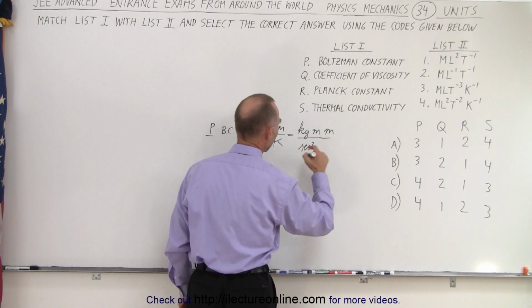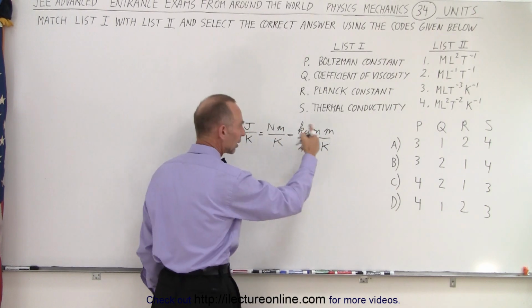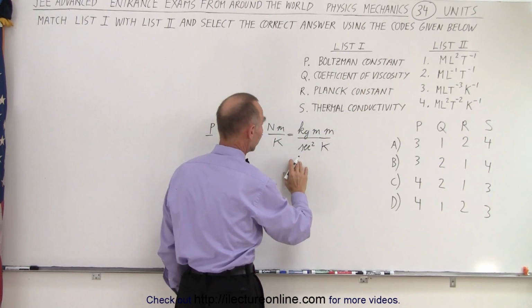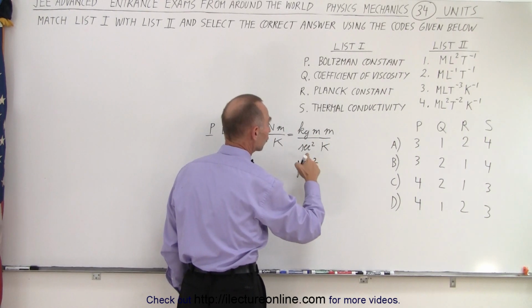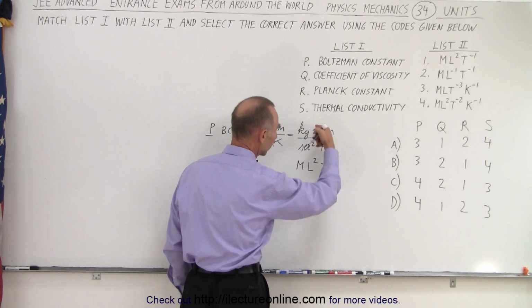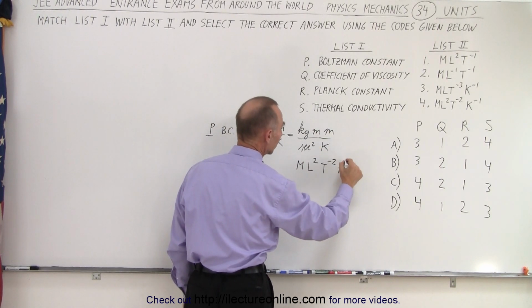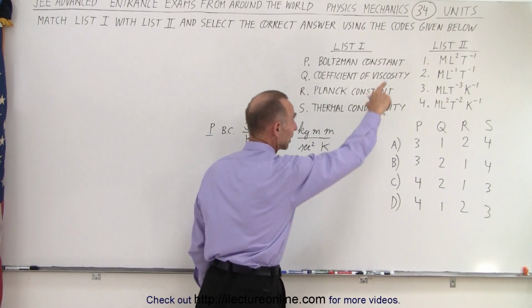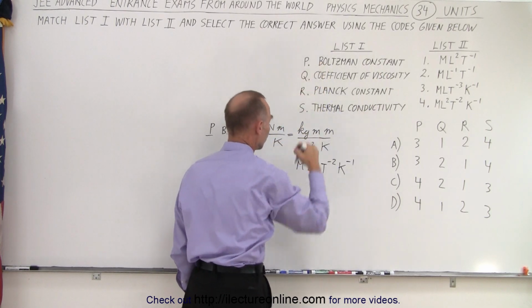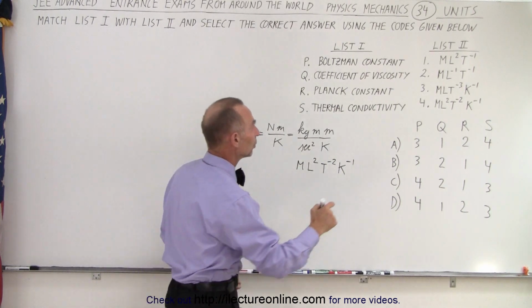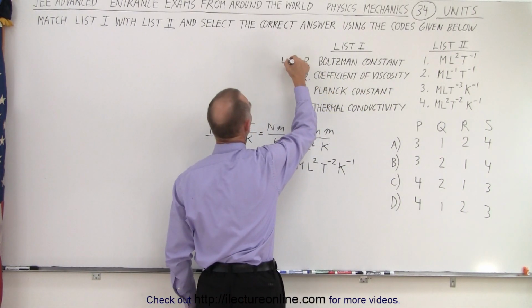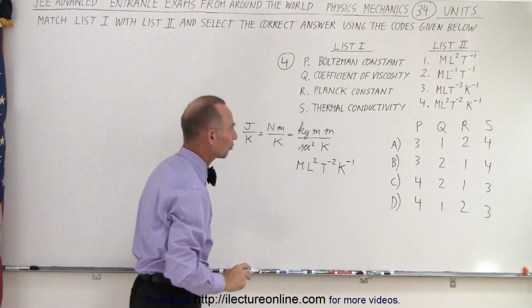So now we can convert that to the units we have over there. Kilogram is mass, meters squared is length squared, seconds squared in the denominator is time to the negative 2, and K to the negative 1. So what do we have in List 2 that matches the Boltzmann constant? We have M L squared T to the minus 2 K to the minus 1, which is 4. So P and 4 are a match.